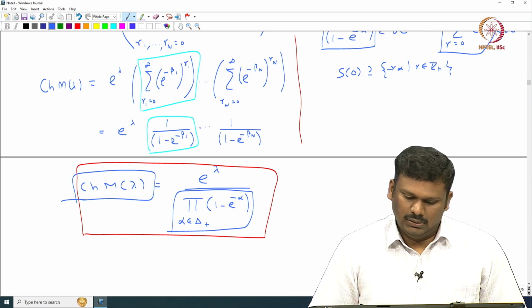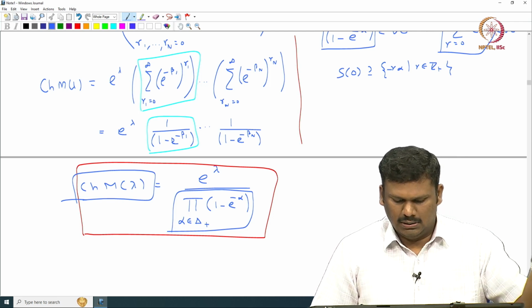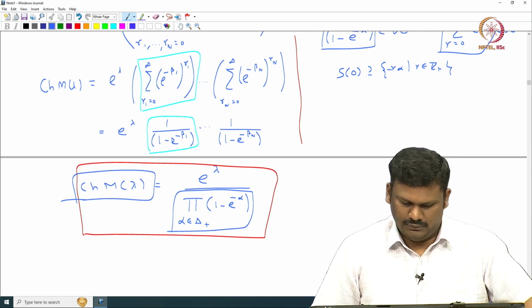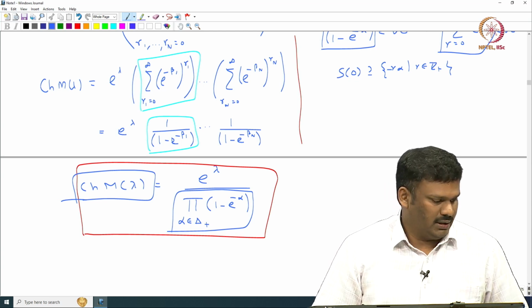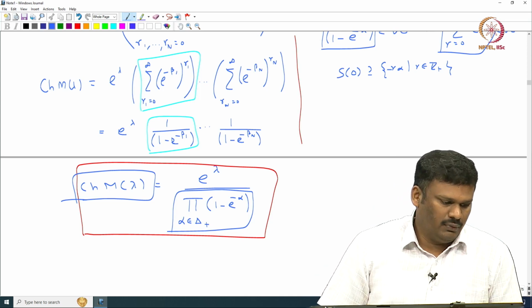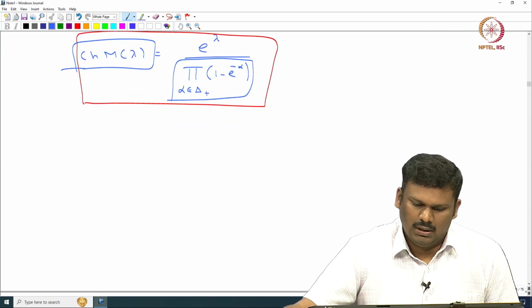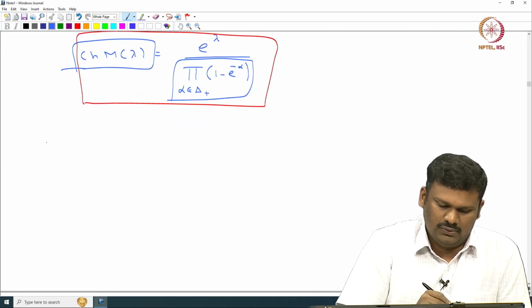Now we want to actually rewrite this particular character of M of lambda. The way we want to rewrite it is using what is called the Weyl vector.